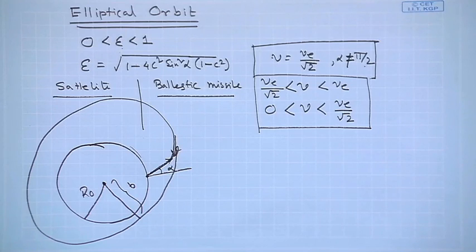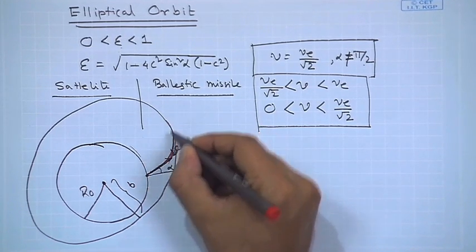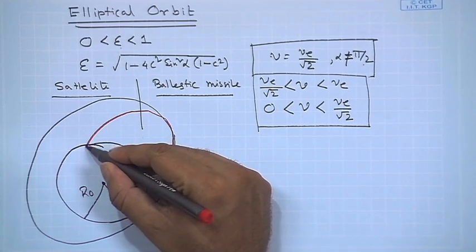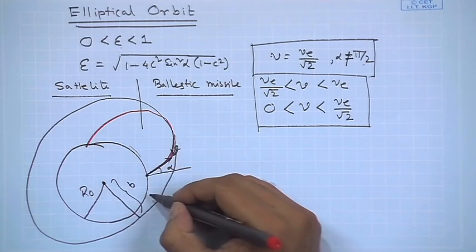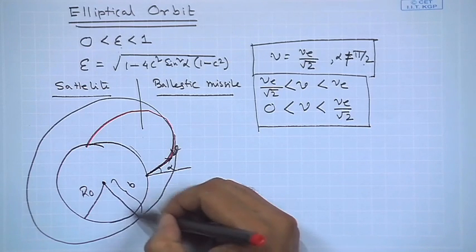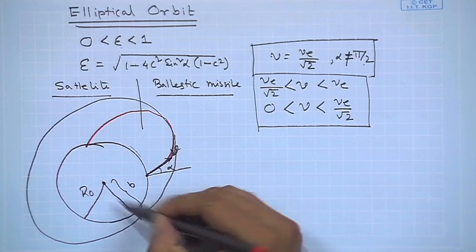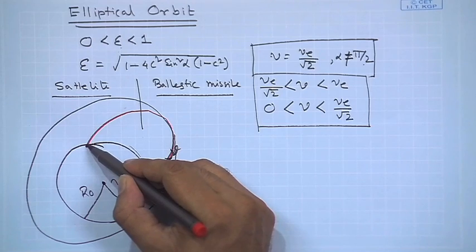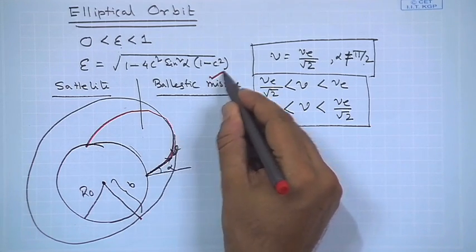But on the other hand, if after launch this condition is not met, and the length of this semi minor axis is not greater than the shortest distance r0, which is the shortest possible approach to the Earth's surface, then it will come back and hit the Earth's surface at some point, right. So, in this case we have a ballistic missile.